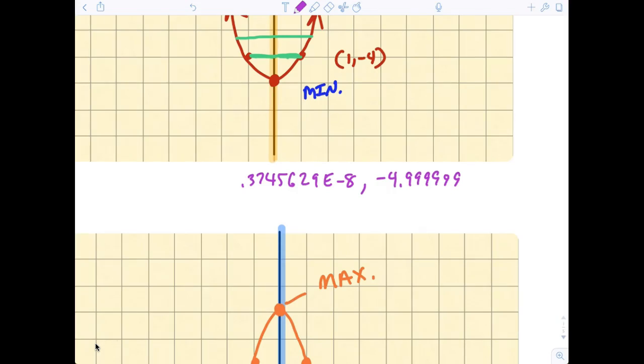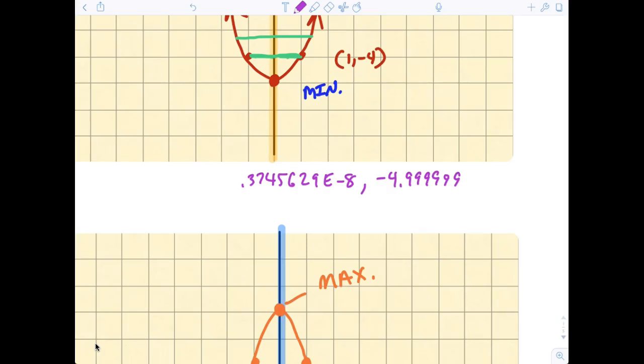The next thing is, I want you to look at the 0.3745629 E negative 8. That is scientific notation for, guess what? 0. That's kind of a flaw in the program also. The E represents times 10. So sometimes on your calculator, it'll say 2.99999. You have the opportunity then to know that that just means 3, but there's a flaw in the program that doesn't allow it to tell you exactly what it is.